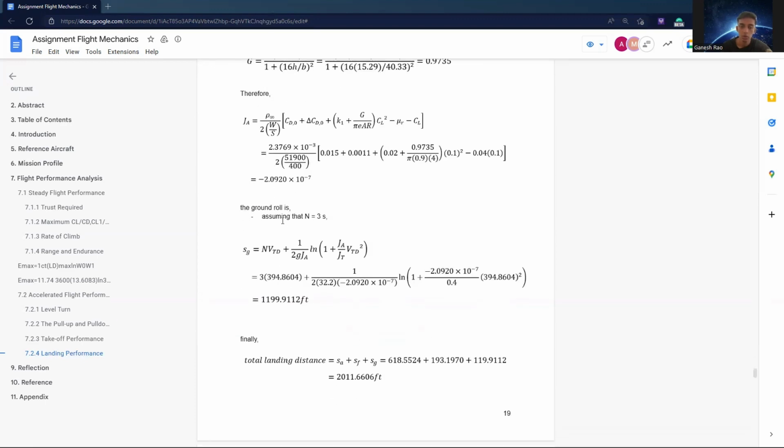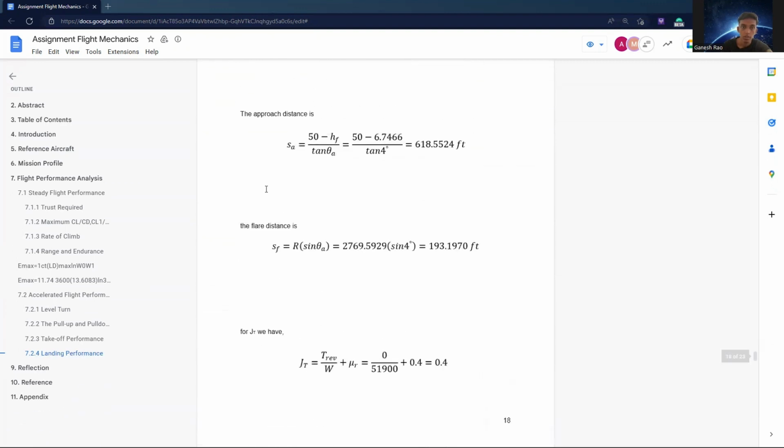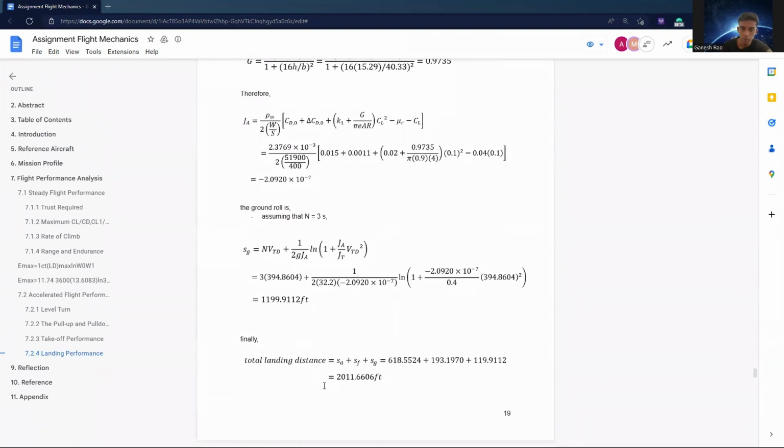For the ground roll, we assume that n is equal to 3. Then we calculate it, and the value is 1199.911 feet. Finally, we sum up the ground roll, flight distance, and approach distance, and we get 2011.6606 feet. So this is the final total landing distance for the F-18 Hornet.